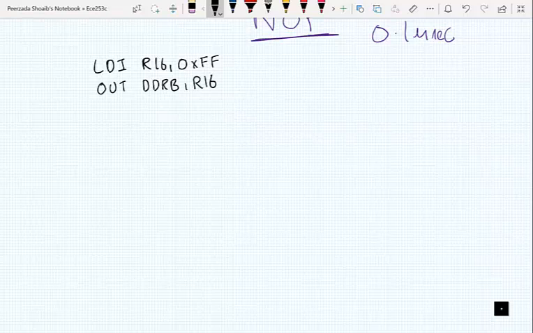After that, we have used another register, R17, with some data in it. For example, we have to turn LEDs on, so all ones, and then out this data, but this time to port B, so that these ones will get displayed on the pins of the port.